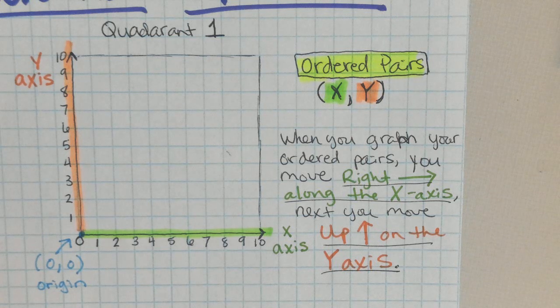We should have the point of origin, our x-axis should be colored, our y-axis should be colored. We should have our ordered pairs of our x and our y, and then the information to tell us how we move. That we move right along the x-axis and then up on the y-axis.